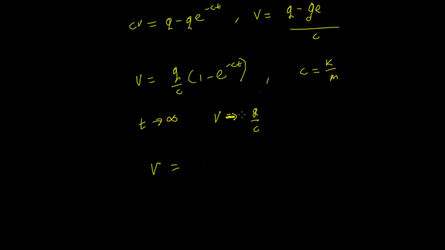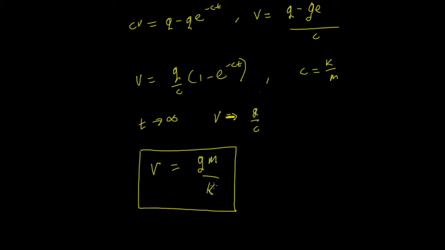Okay, so we can say then that the terminal velocity v is going to be given by a factor g upon c, which is g upon k upon m, which is g m upon k. So our terminal velocity is given by our gravity, our mass, and our factor k, which is determined by the shape of the object.